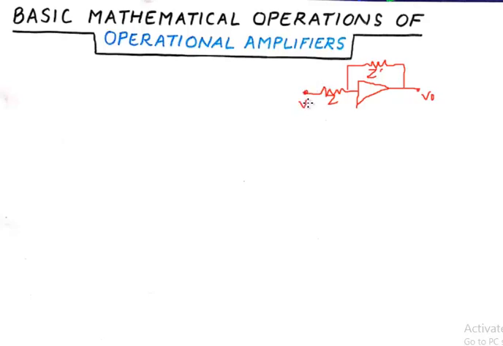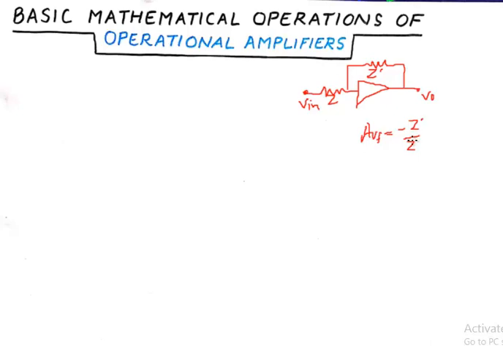So if this is V in, this was the basic idea or the symbolic diagram of an operational amplifier, and the gain of this amplifier was minus Z dash upon Z.